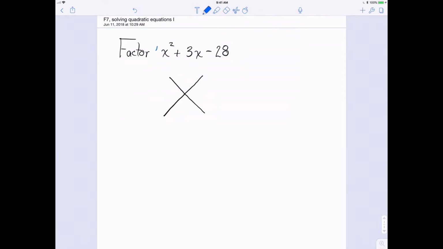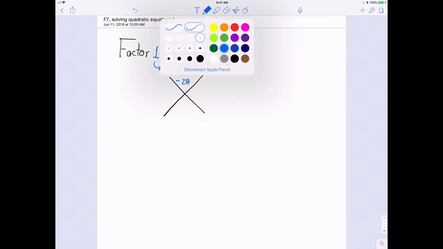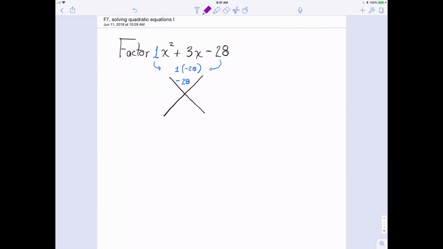We also recall that there's an implied 1 in the first position, so we're going to take the 1 times the negative 28. And in our top position, we have a minus 28. And in the bottom position, we're going to take 3.